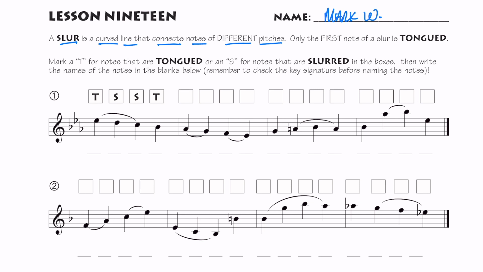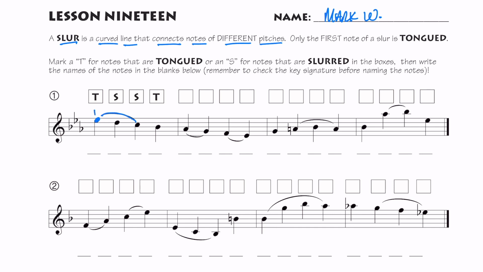So whenever you're playing on a wind instrument, you're going to tongue, you're going to start the note with the tongue, ta, on the first note, and then a slur, you just keep playing with your air, almost like a tongue notes, but you're going to move your fingers so that you're playing different notes on whatever instrument you're on. So we have a note here that's the beginning of a slur.